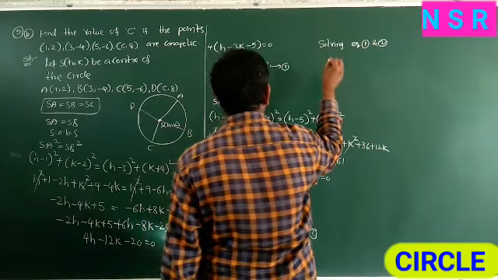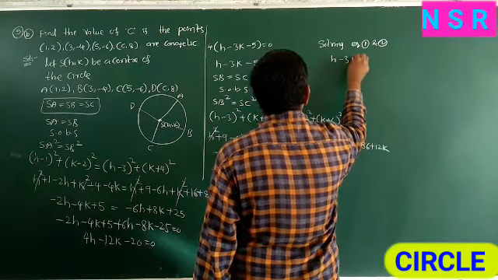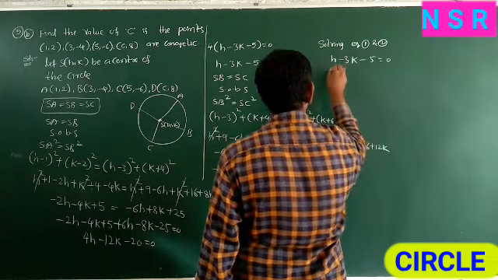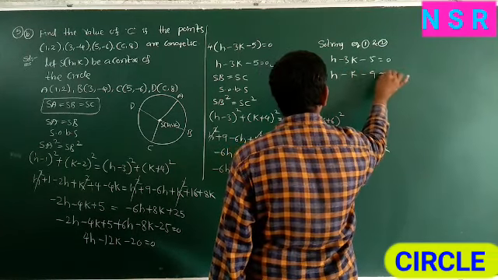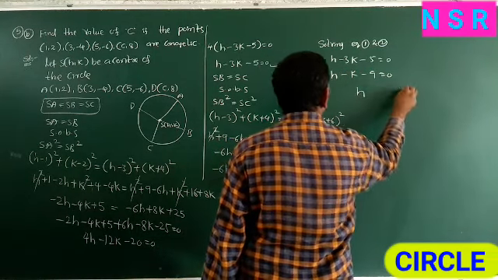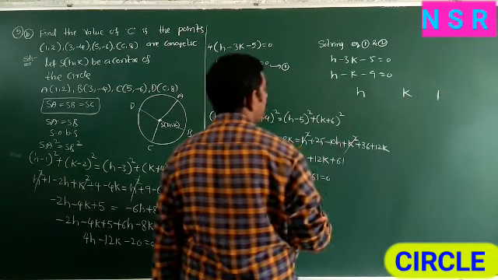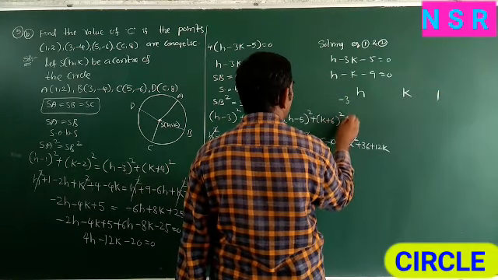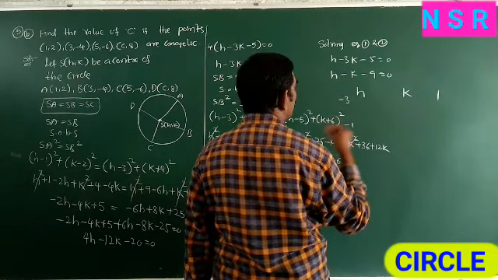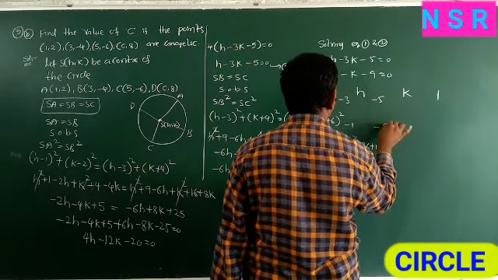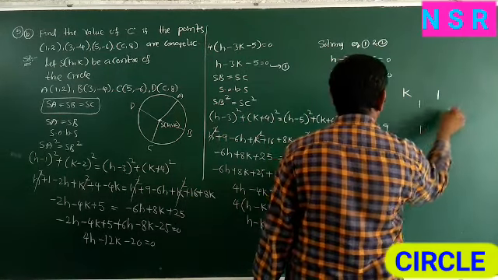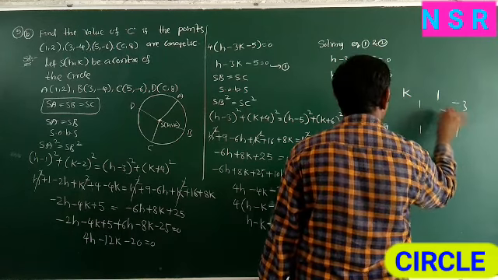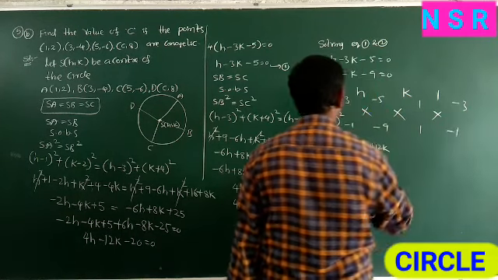So it is equation 1, h minus 3k minus 5, and this one is h minus k plus 9 equal to 0. Now write h, k, 1: 1, minus 3, minus 1, minus 5, 9. So apply here AD minus BC.